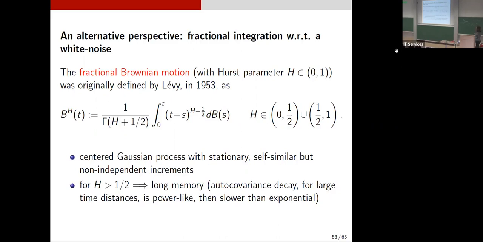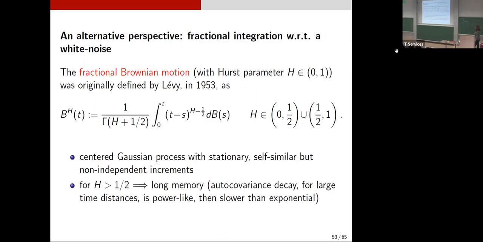For H equal to 1/2, we are back to the Brownian case, and probably all of you know that the fractional Brownian motion is a centered Gaussian process with stationary, self-similar but non-independent increments, unless H is equal to 1/2.